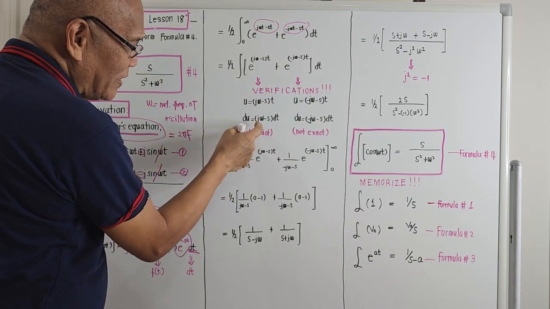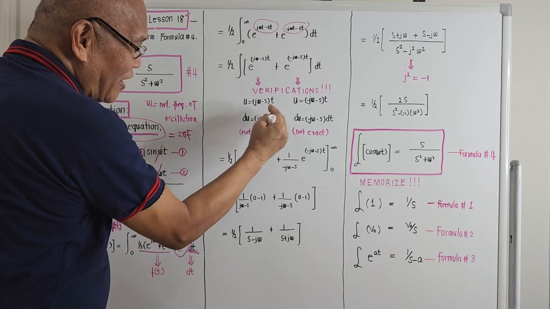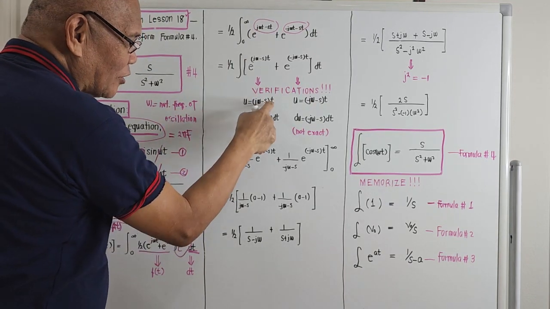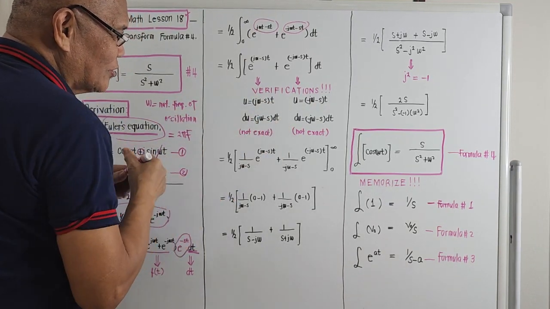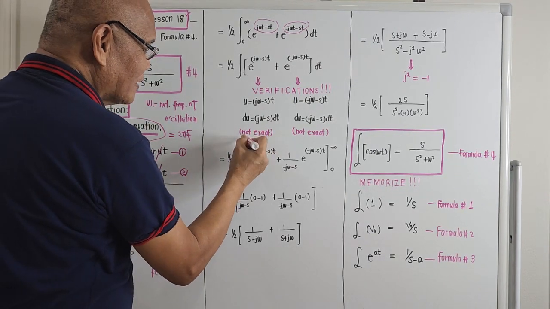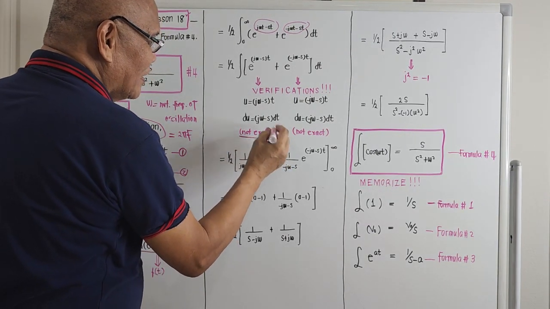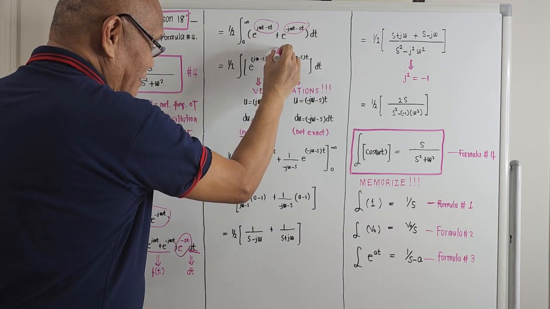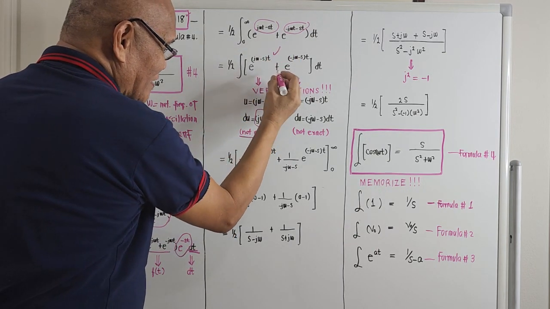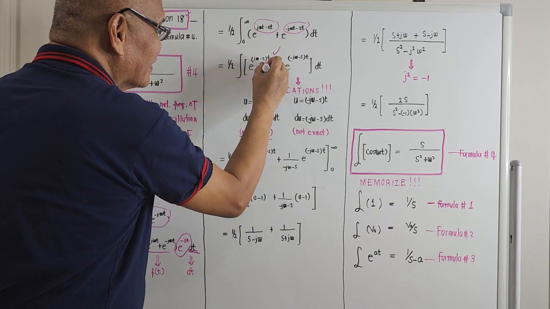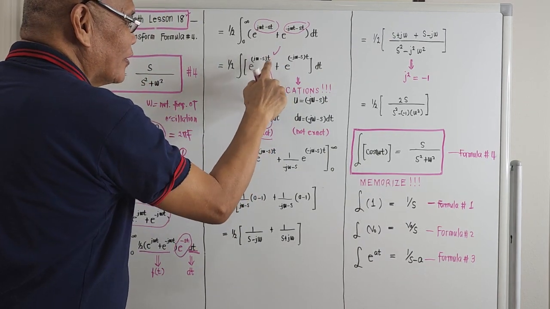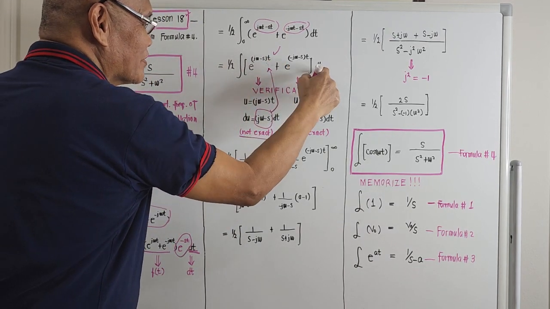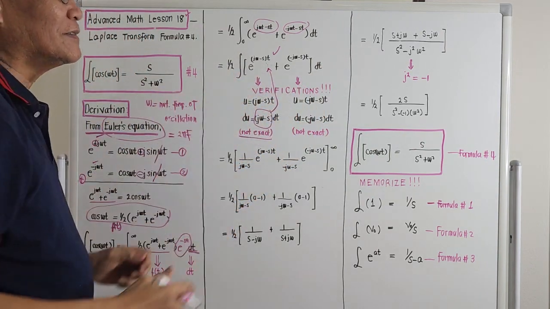So du will be j omega minus s, they are constant, times dt. So this is not exact. Why not exact? We don't have this term here on the first one. So we must add this one here, times dt, for it to be exact.